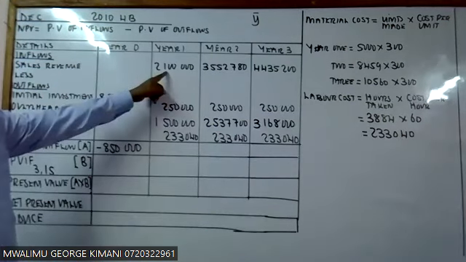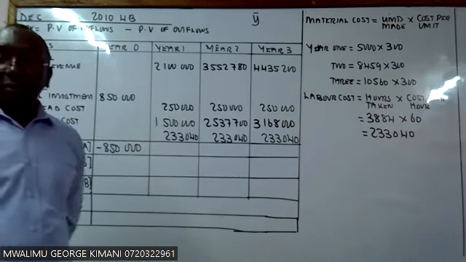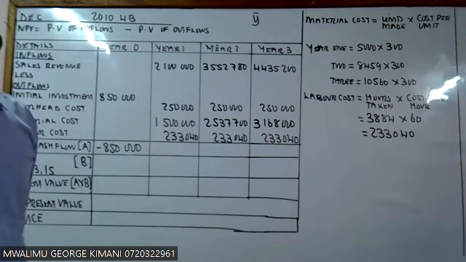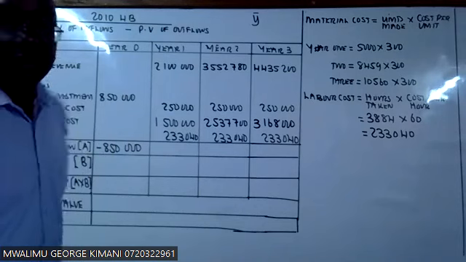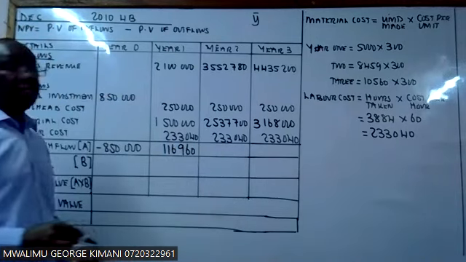So tell me, year one: if you subtract these amounts, the three of them, what do we get as the cash flow? $116,960. Let's do the same for year two.